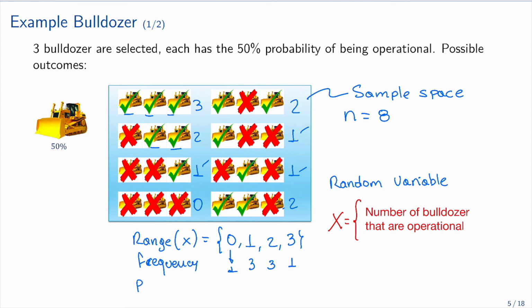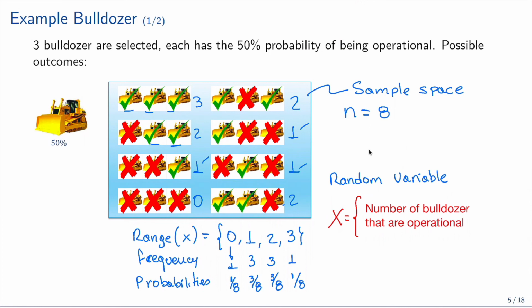The probabilities will be, in the first case, 1/8. In the second case, 3/8, 3/8, and 1/8. So the total probability is going to be equal to 1. 1 plus 3 plus 3 plus 1 is 8, divided by 8 is equal to 1.